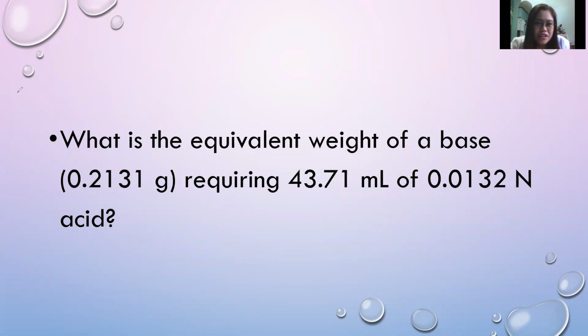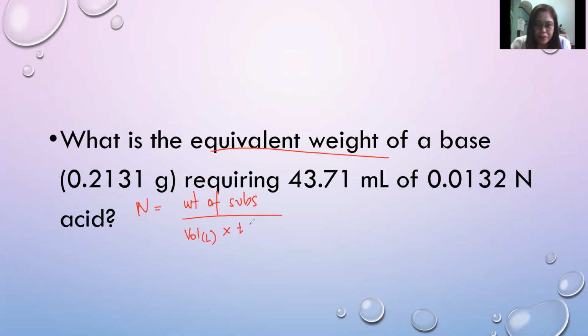So you will just use the same formula. N is equal to the weight of the substance divided by the volume. Now, what we are looking for, right, is the equivalent weight. Since it is the equivalent weight in the problem, we just use liters for the volume so we can go straight to it.